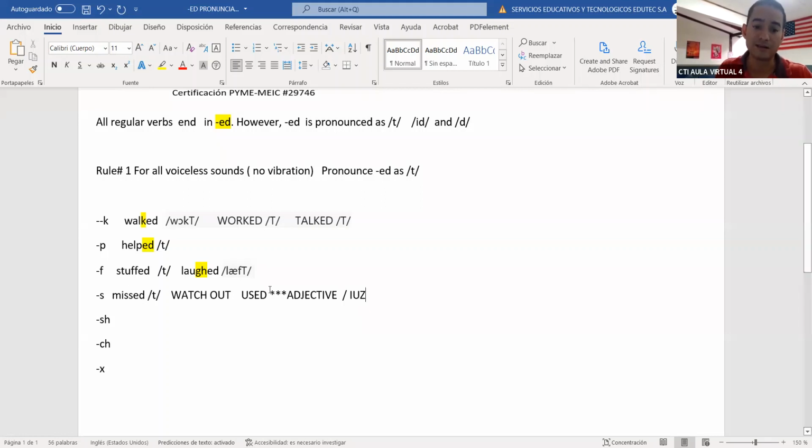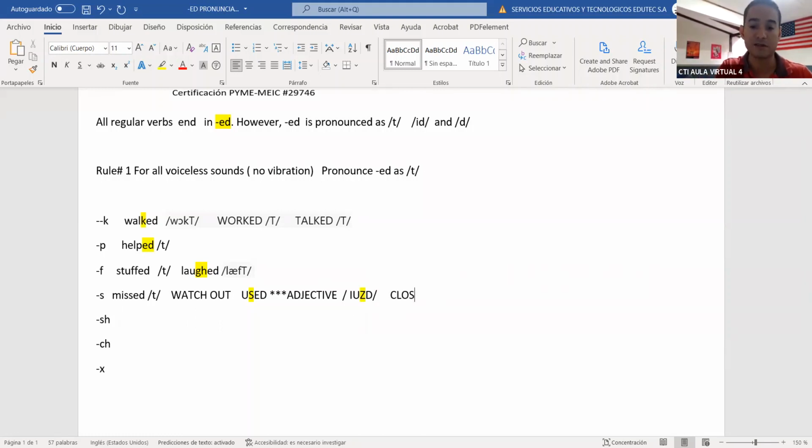You see here, this S is no longer an S. Now it is Z. So it changed. So if you have that Z sound here, you are going to pronounce it differently. You will say used, with D, because you have a Z sound and not an S.